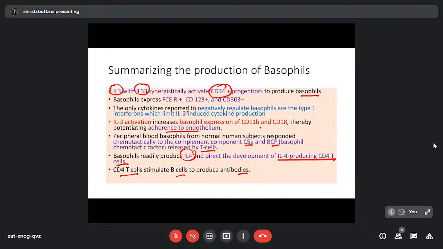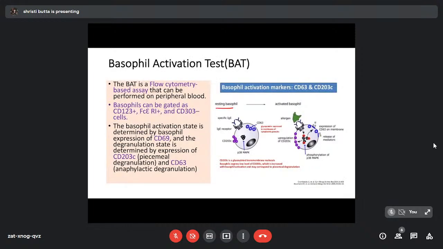In a resting basophil, you have CD63. This CD63 is a glycoprotein that is expressed in the membrane of the cytoplasmic granules of basophils under the resting condition. CD203 on the other hand is a glycosylated transmembrane molecule.